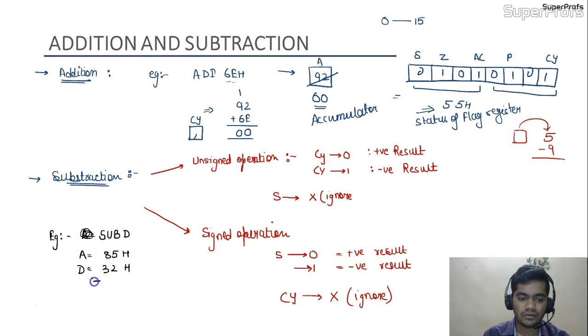Okay, so what would be the subtraction here? 5 minus 2 would be 3 and 8 minus 3 would be 5.